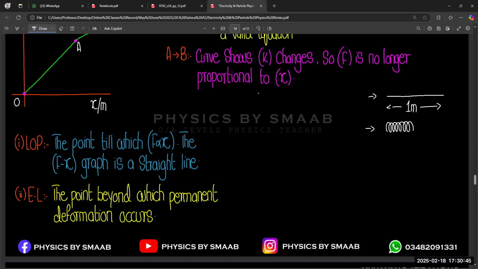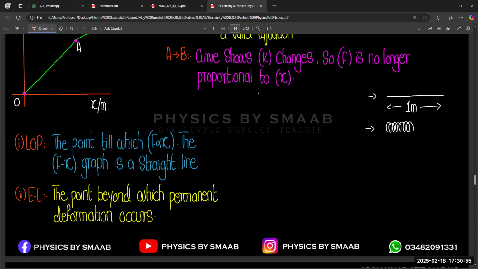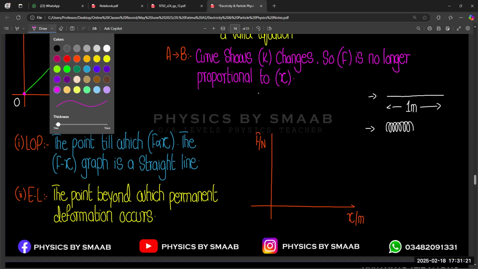So after this concept of elastic limit and limit of proportionality, now we consider one more graphical representation because they also used to ask about that graphical representation in the exam. So let's suppose in this graphical representation, we have force given, we have extension given, and we consider the same graphical representation.